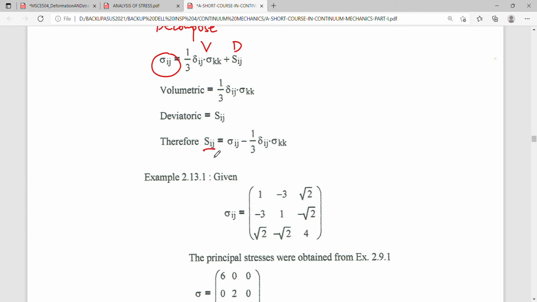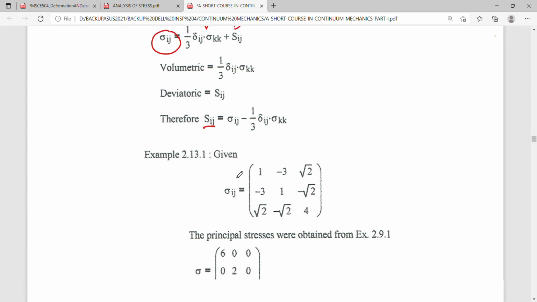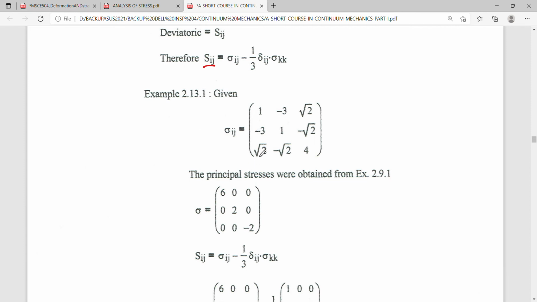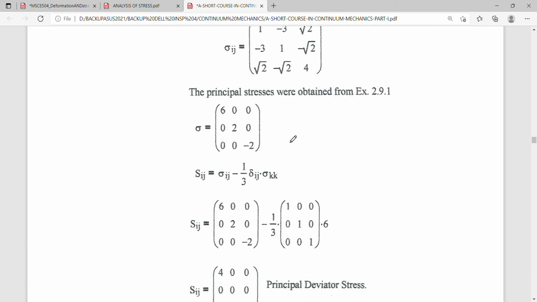So to introduce to you a problem on this, we consider now a stress sigma ij, wherein the principal stresses were obtained basically the same as that in example 2.9.1, and we yield these results for the principal stresses.